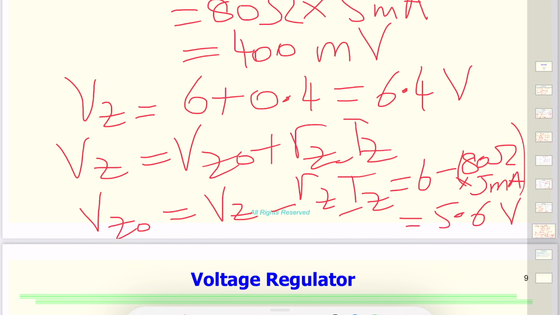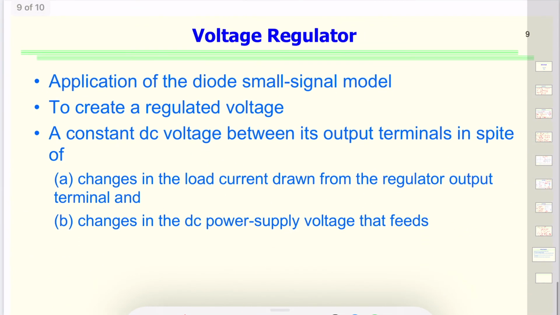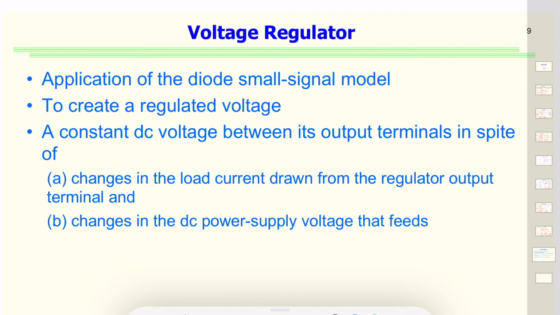All right, very good. So as we talked about, we use it as a voltage regulator, and what it does is it gives us a stable output voltage.